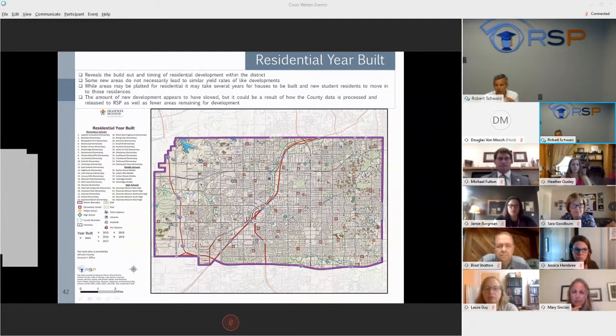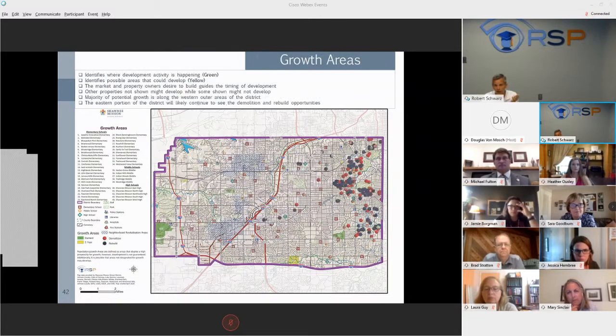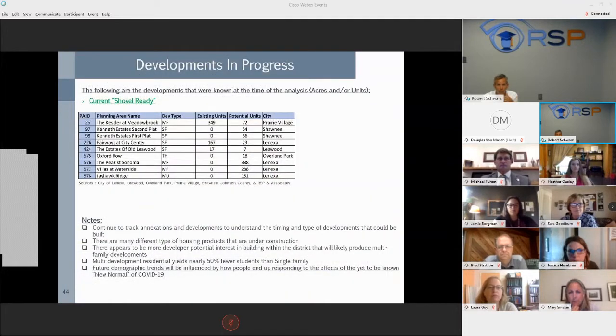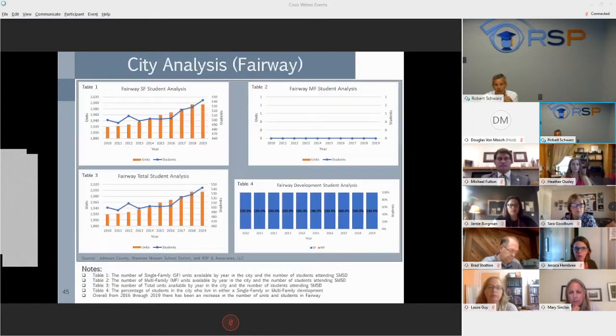On the east side, for the most part, in Prairie Village and the northeast communities, is the demolitions and rebuilds. So again, we've tried to factor that into what we could potentially see for regreening areas in these older communities. Different developments that are in progress, so you can understand what's been built, what potentially could be built, what city it's in, and then just some different information that we track.